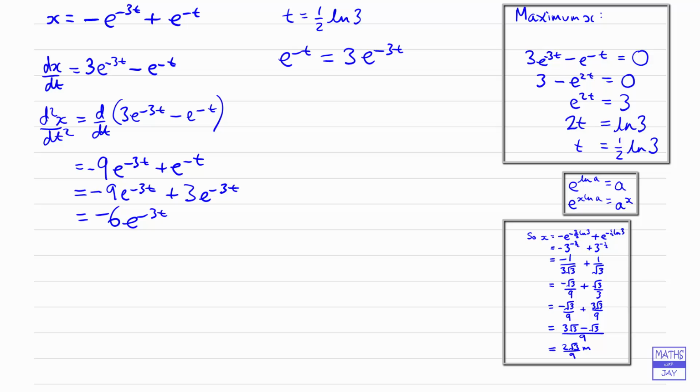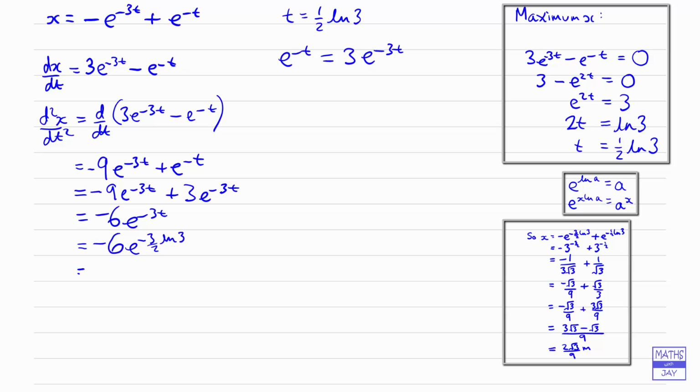Now e to the power of anything has to be positive, so at this stage we could actually say that this is negative, but really for completeness we really ought to work out what this is, shouldn't we? But all we really need to do is to look at what e to the minus 3t is. So it's e to the minus 3, and t is a half log 3.